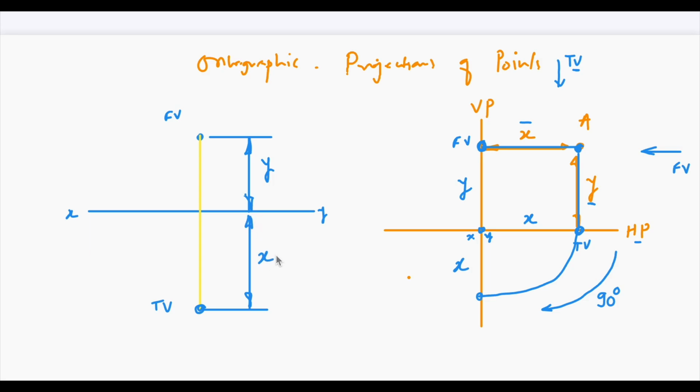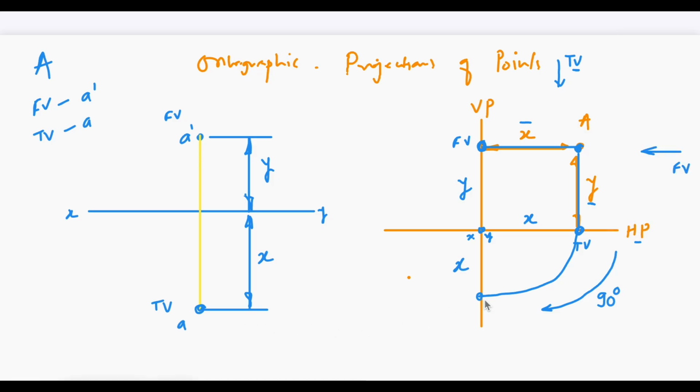And in case of projections of points, if object is denoted by A, then its front view is denoted by A dash and top view is denoted by A. So this is our A dash and this is our A.